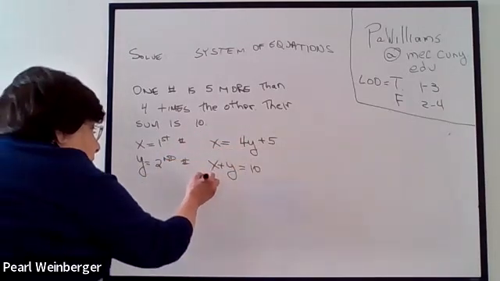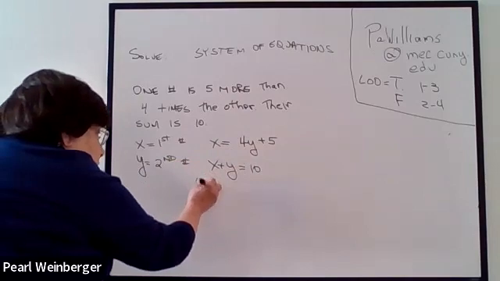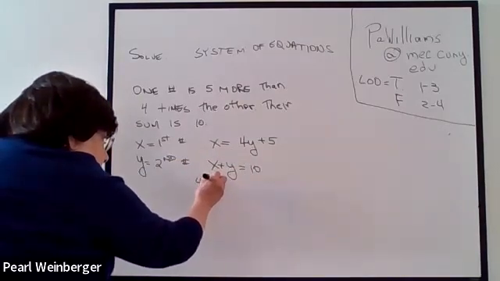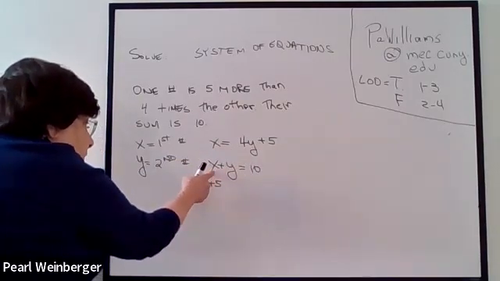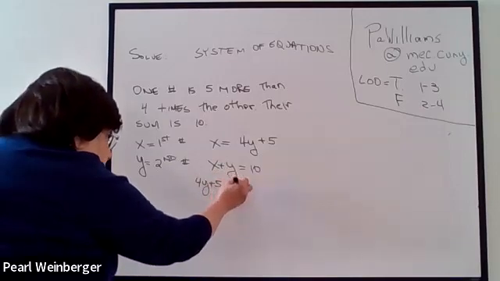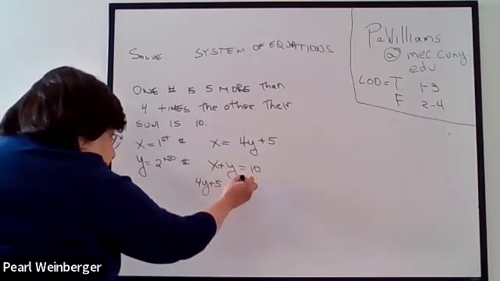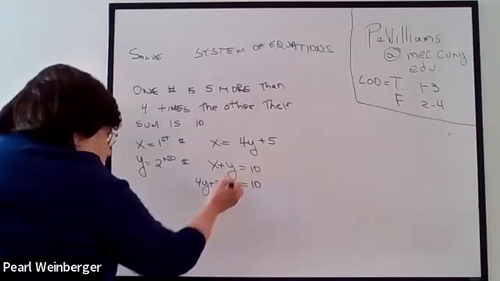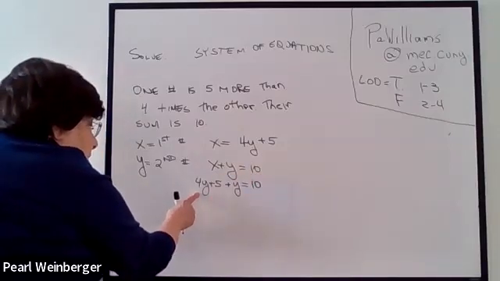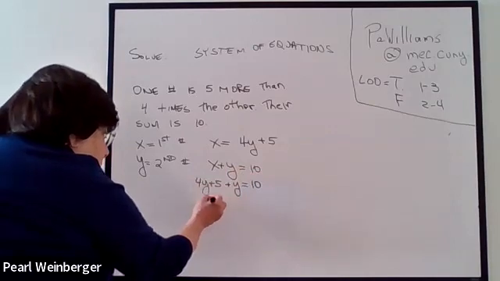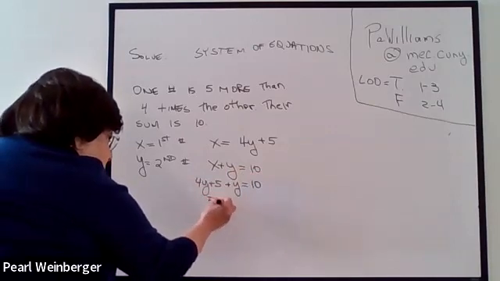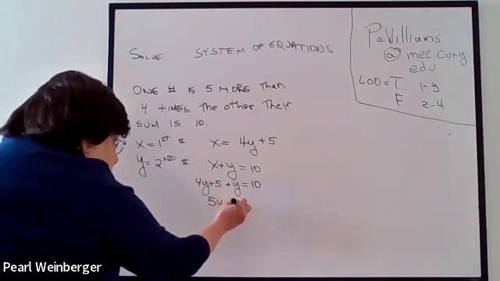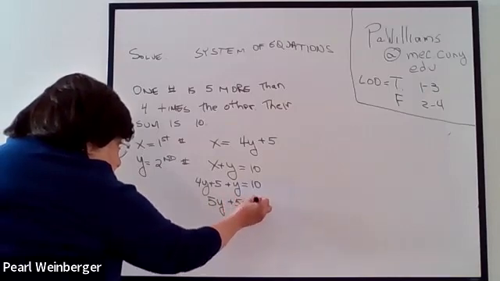So if I do that, I'll get 4y plus 5, in place of the x, plus the y that I had from before equals 10. Adding the like terms, 4y plus y gives me 5y plus 5 equals 10.